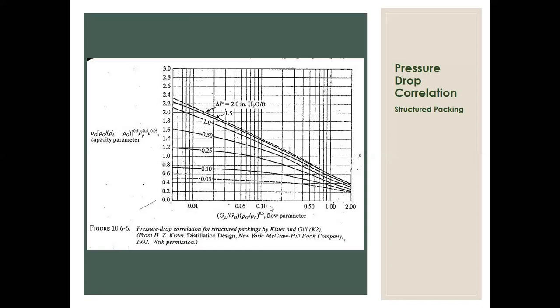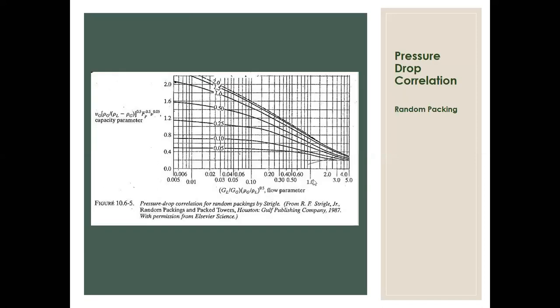You already have the pressure drop in here. So you have to determine the x-axis coordinate, or the abscissa, of this. This one is for structured packing, so you have to use this graph. You have to solve this specifically together with the value that you're getting here and the pressure drop curves here. Correspondingly, using the value that you got, you'll be able to get the capacity parameter.